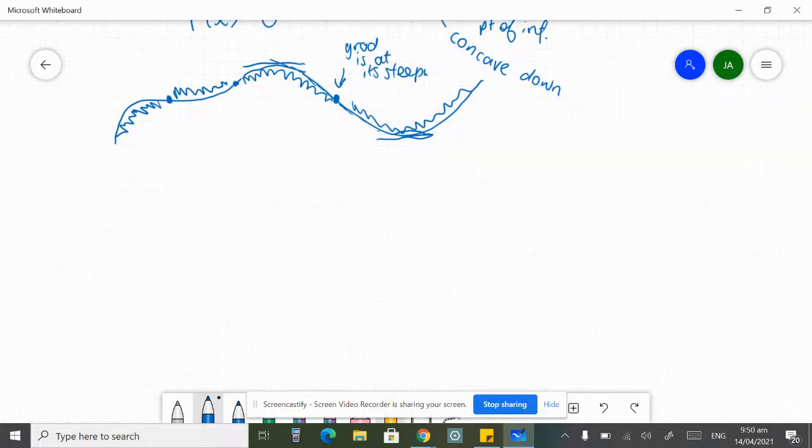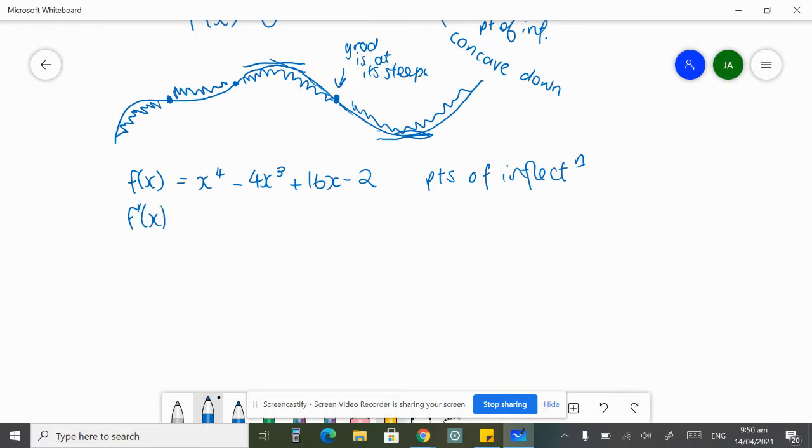Okay, what we're going to do is find the points of inflection for a graph. So we've got the graph f of x equals x to the power of 4 minus 4x cubed plus 16x minus 2. Okay, so we want f double dash of x equal to 0.